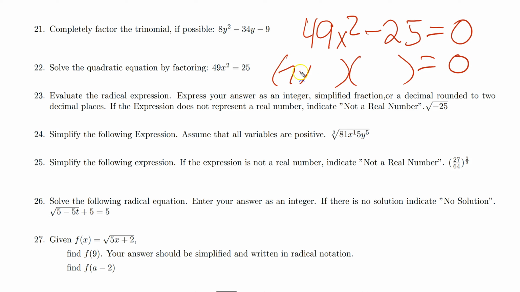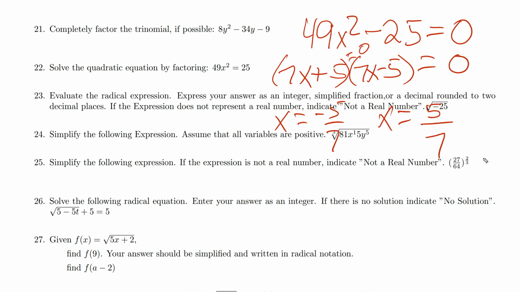And this is 7x, 5, plus minus. So when I set each of these factors equal to 0, this is x equals a negative 5/7. And this is x equals, transpose that, a positive 5/7.